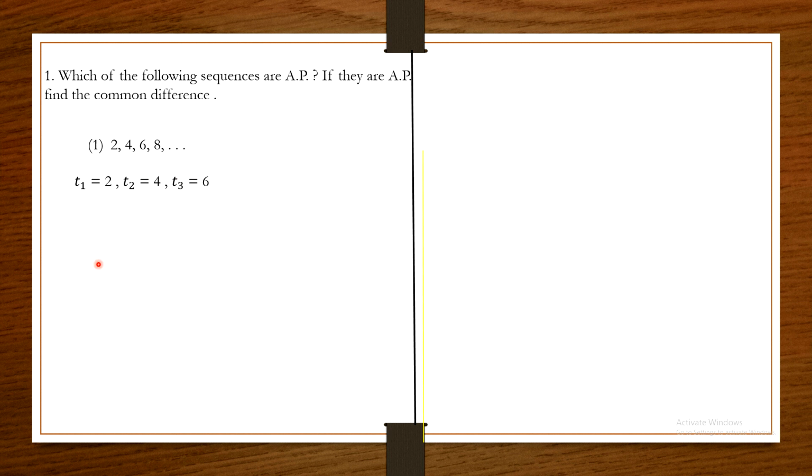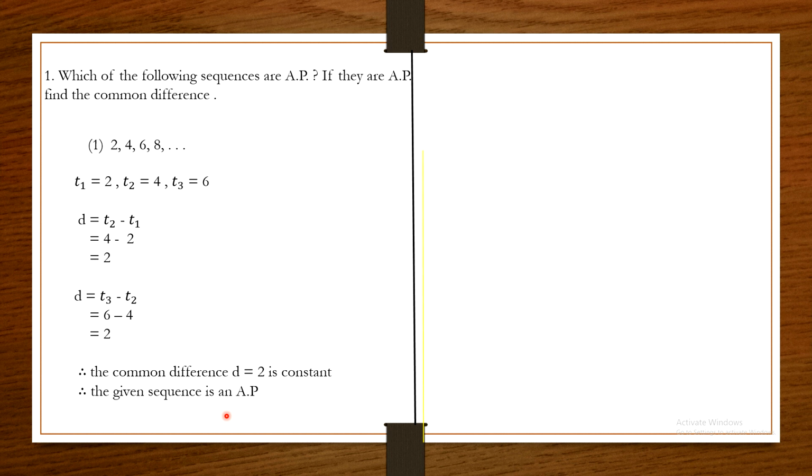Now find D equal to T2 minus T1, 4 minus 2, that means 2. Let's again find D, the difference T3 minus T2. We will get 6 minus 4, which is again 2. That means the value of D, the common difference, is constant. So we can say that the given sequence is an AP.